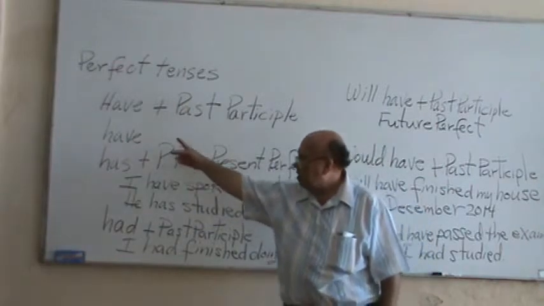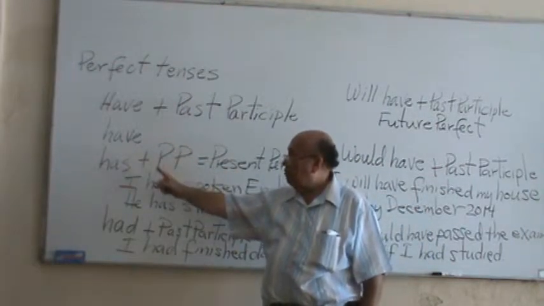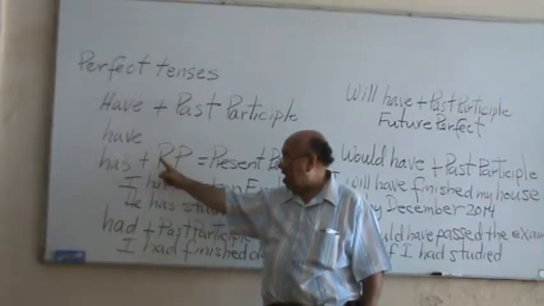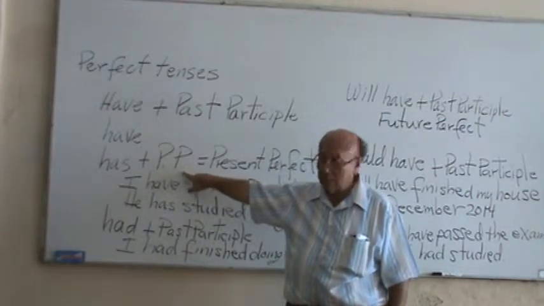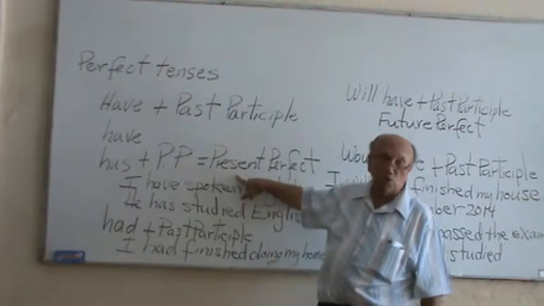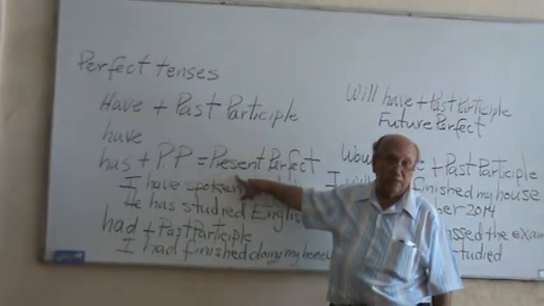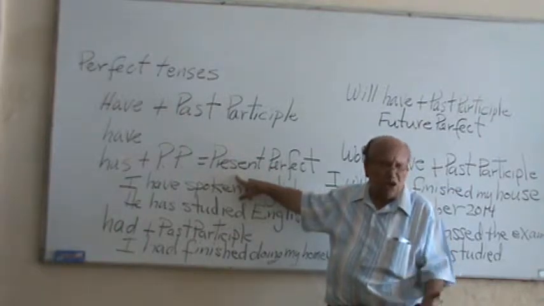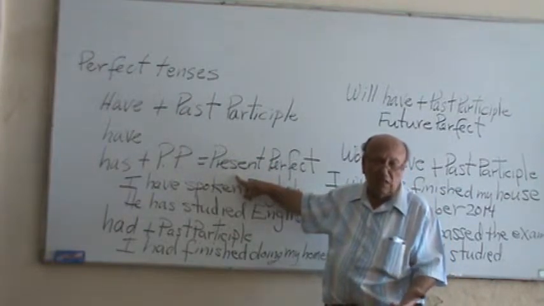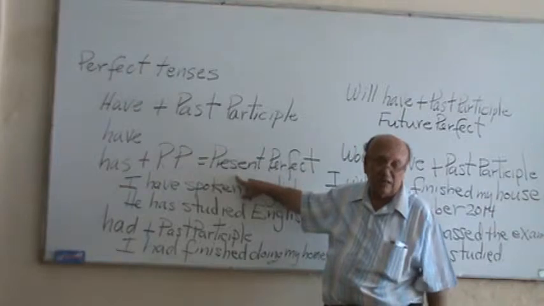So, have or has, plus the past participle, we are going to have the present perfect tense. Or, if we call it the antepresente in Spanish.